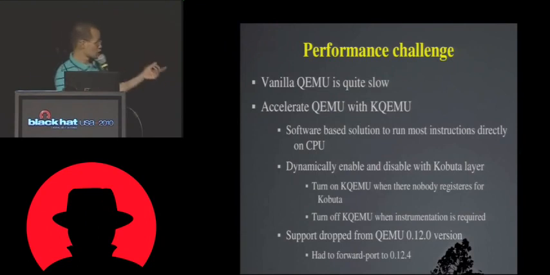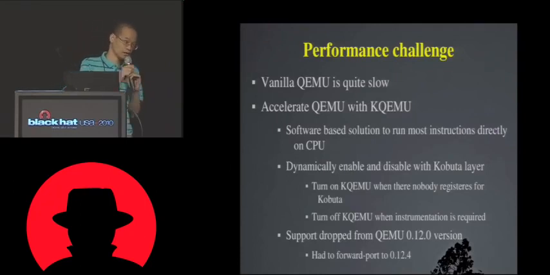And we use KQEMU with our framework dynamically. Because KQEMU runs most instructions directly on the CPU, but when we instrument the virtual machine we don't want that, we turn on KQEMU only when nobody is registered with the instrumentation framework, and we turn it off when instrumentation is required.